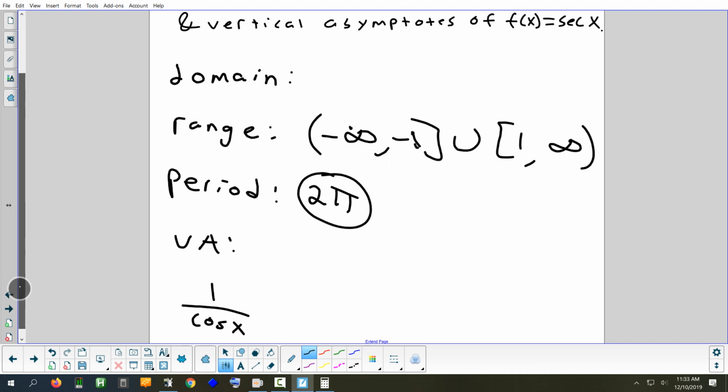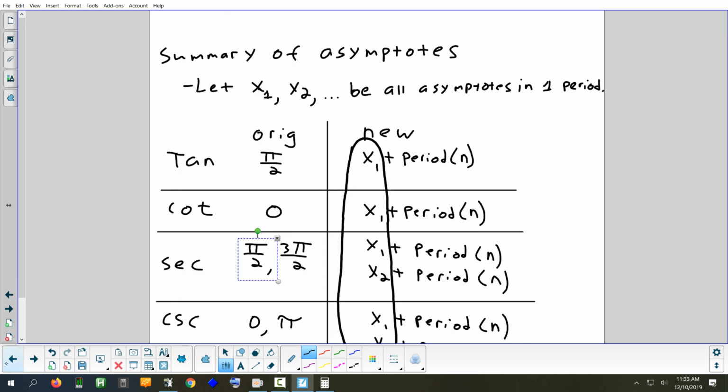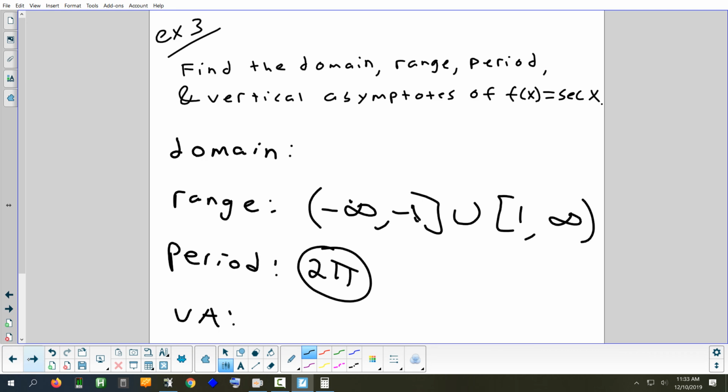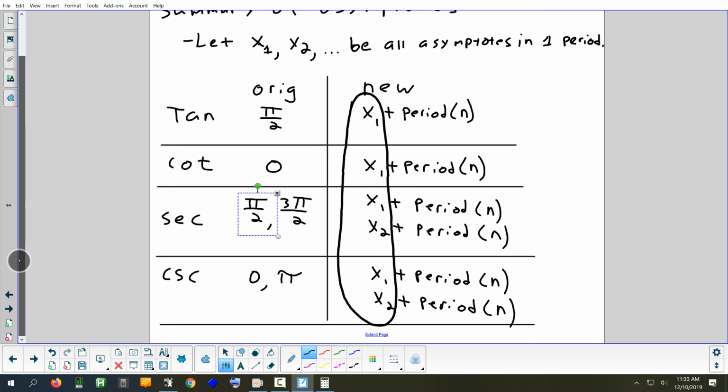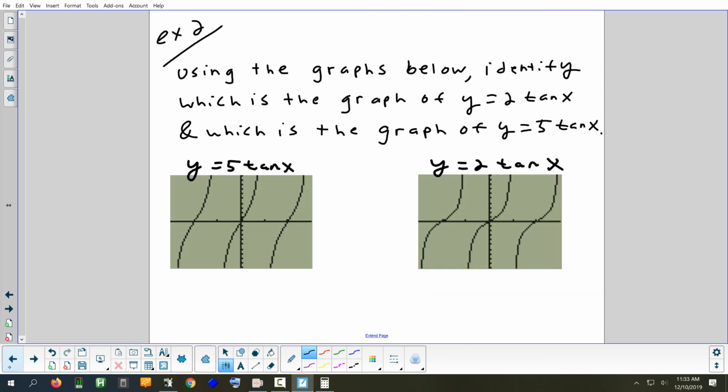All right. Now, it says to find the new one, we have to find what happens to these two asymptotes. Are we doing any transformations in this problem? No, then those two asymptotes are just going to stay right where they are. You're not doing anything to them. Okay.